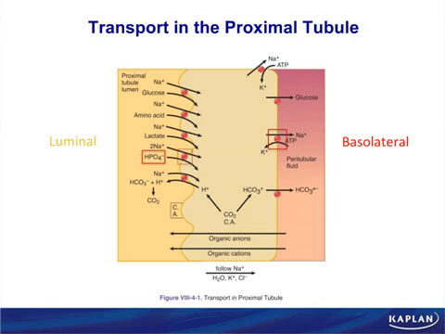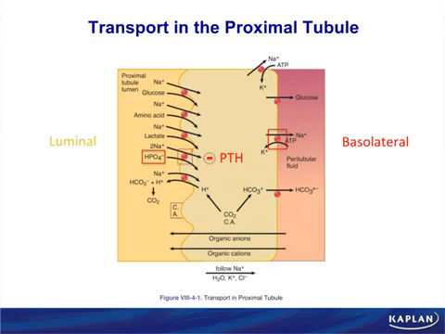Now, what hormone inhibits reabsorption of phosphate right here? If you're saying PTH, you are correct. PTH inhibits reabsorption of phosphate right here in the proximal tubules, and that's important to know. Later on we'll talk about what happens to the other 15% of phosphate.